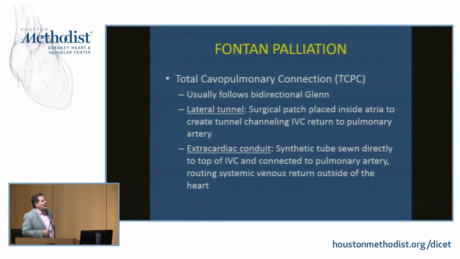With the lateral tunnel, there's a patch placed inside the atrium, which then creates a tunnel channeling the IVC return to the pulmonary artery. The extracardiac conduit is a synthetic tube, which is sewn directly to the top of the IVC, connected to the pulmonary artery, routing the systemic venous return outside the heart.